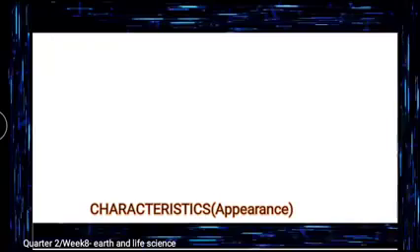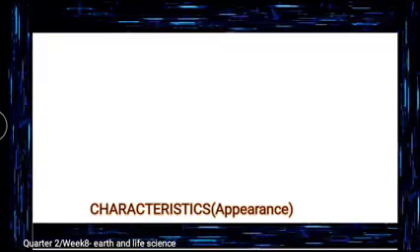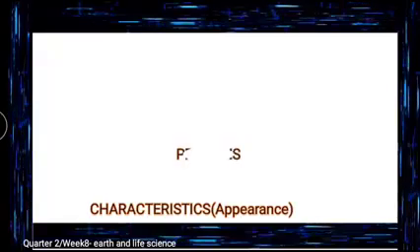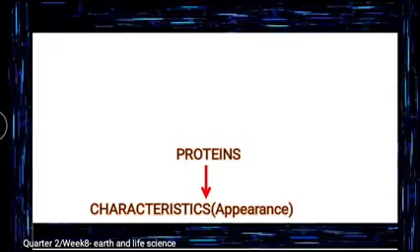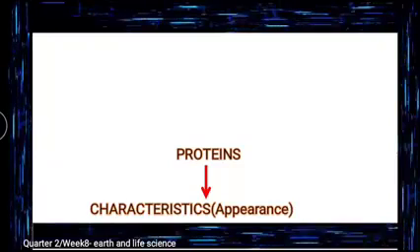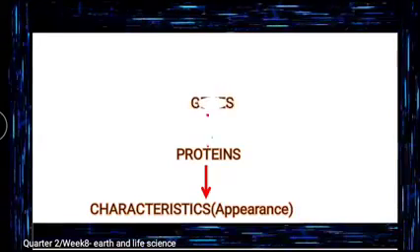So what gives an organism characteristics based on appearance? Well, the characteristics or appearance of an organism come from the proteins that they contain. The proteins are produced in the cells of these organisms and are coded for by the genes.